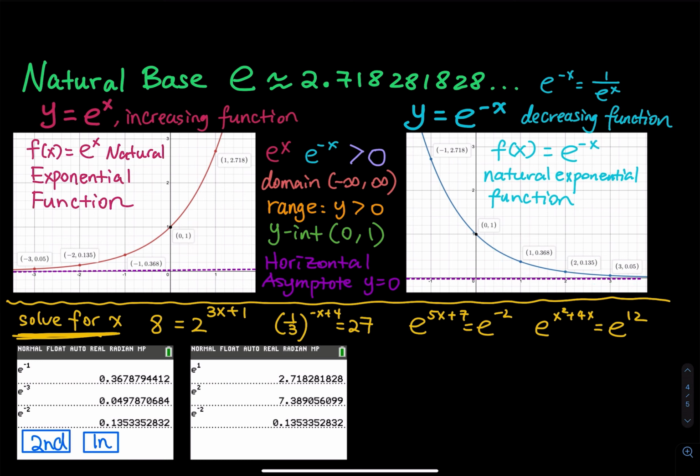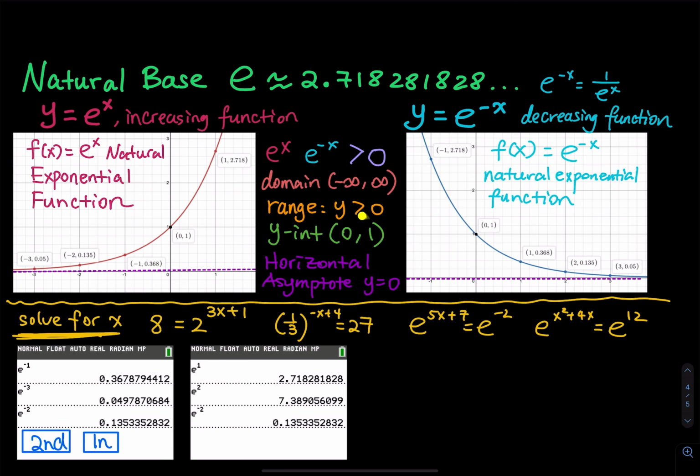So what are some other characteristics? For both functions, e to the x and e to the negative x, they are both positive, right? E raised to some power will never give you a negative. They are both positive. The domain x can be any value you like, and for the range, the curve is above the x-axis, so y is greater than 0.